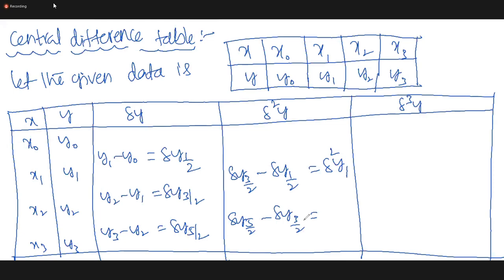What is the average of 5 by 2 and 3 by 2? 5 by 2 plus 3 by 2, by 2. What is 8 by 4? Small delta square y2. Small delta square y2 minus small delta square y1. Average of 1 and 2. What is the average of 1 and 2? 3.